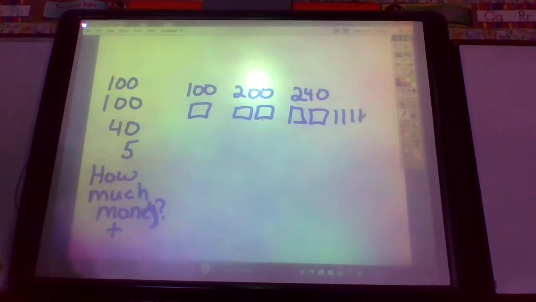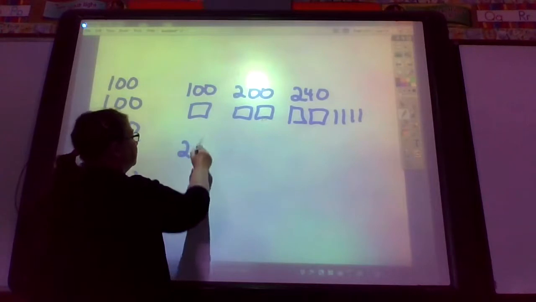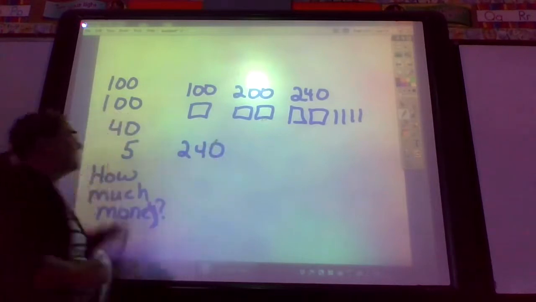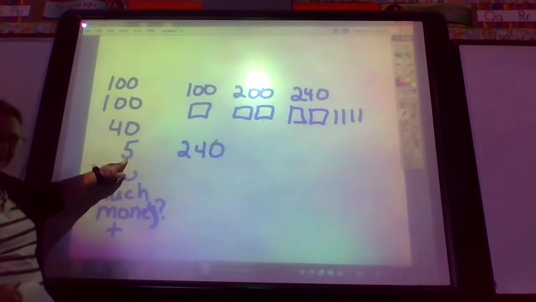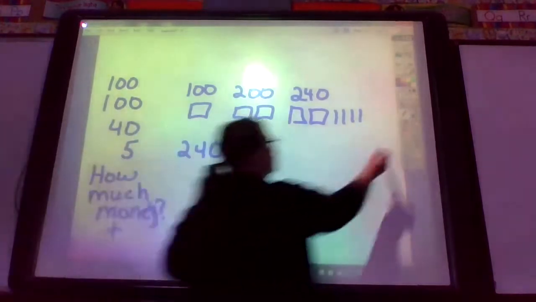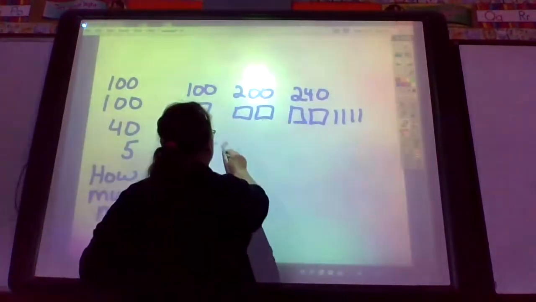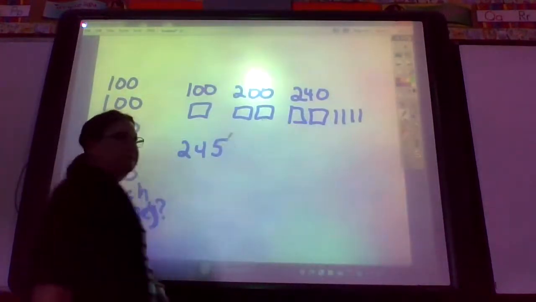Well, he got 5 more. So now I already have 240. I need to add my 5 to it. Well, this is a ones. It's in my ones place. So I'm going to change this from the 240, and I'm going to put that 5 in the ones place.